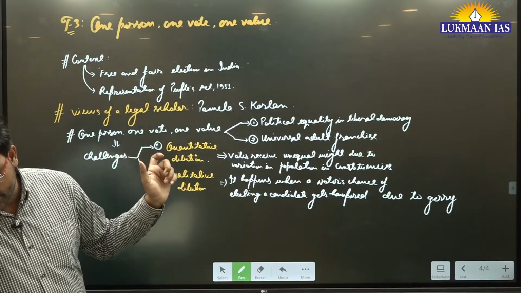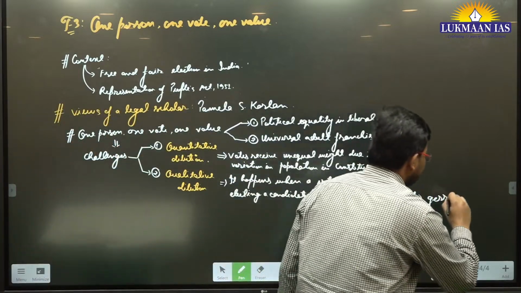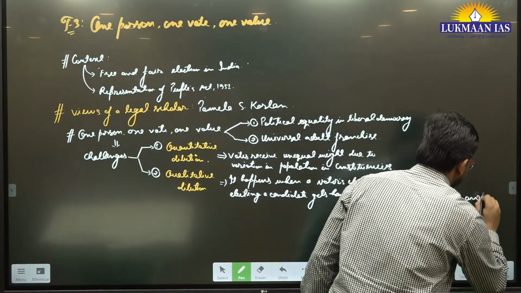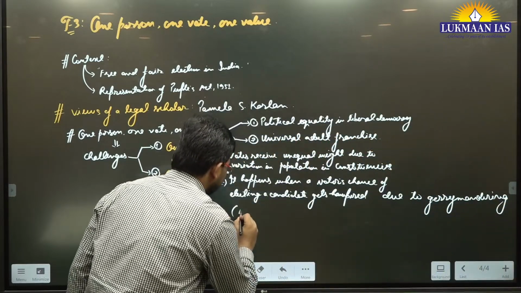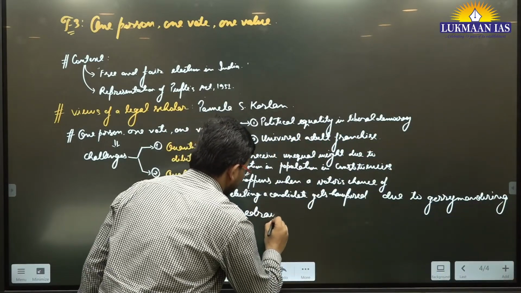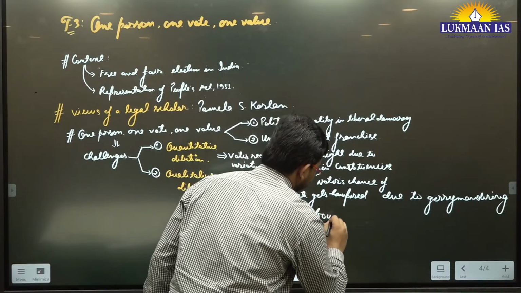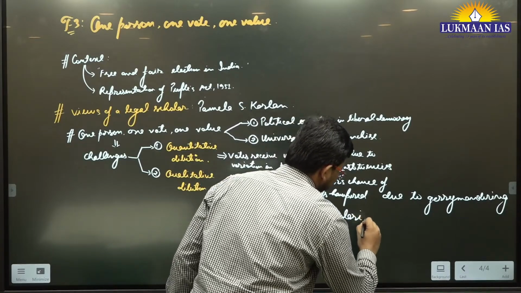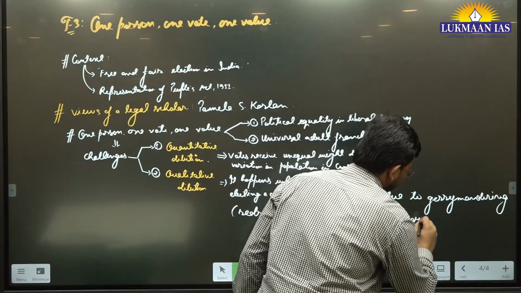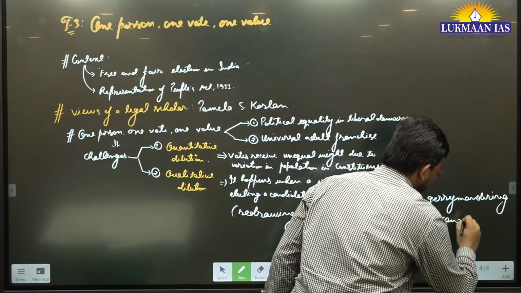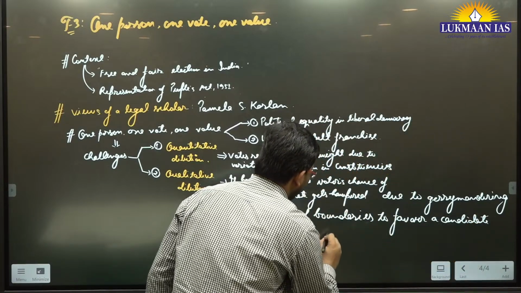Here they have used the word gerrymandering, which means redrawing of boundaries to favor a candidate or a political party. This is an important thing.